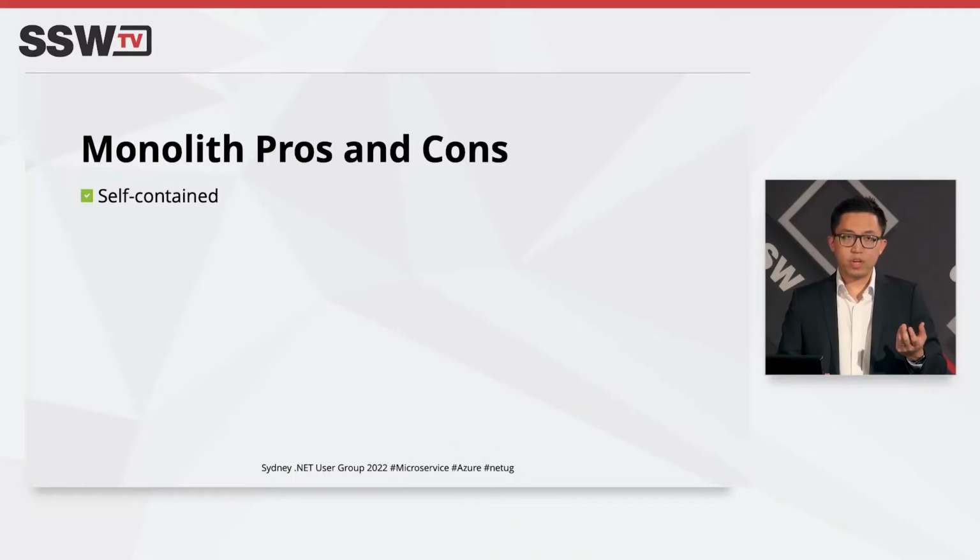But once that solution is built, the artifact, and in the .NET world we have DLL, is self-contained, meaning you can deploy that solution to an environment and only one environment that you have to look after. Of course, you can have staging and so on, different environments, but they are all self-contained. You only have one set of artifacts you need to deploy. That means it's easier to maintain from the hosting environment's perspective.